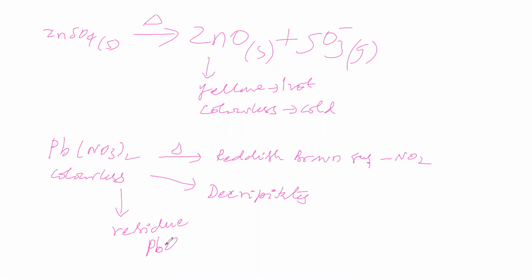Colored sublimate, in the sense, iodine vapors are a colored sublimate. Next we have to see residue. Residue color in the hot condition and in the cold condition we have to see. Okay, these are the points that come under the dry heating test.